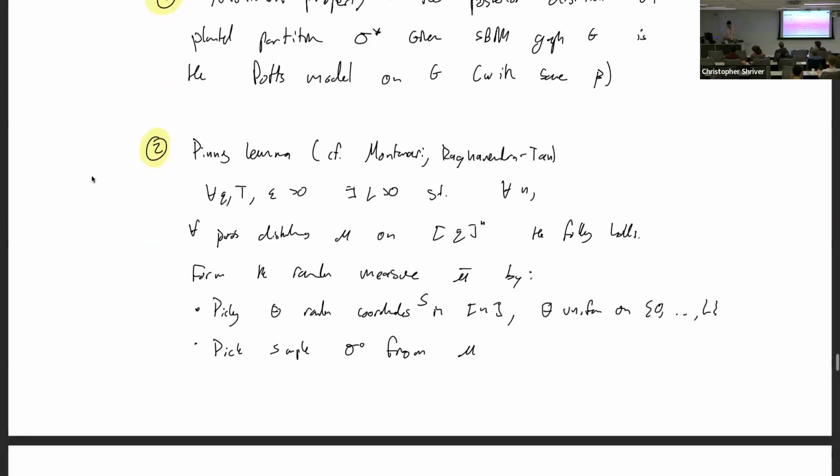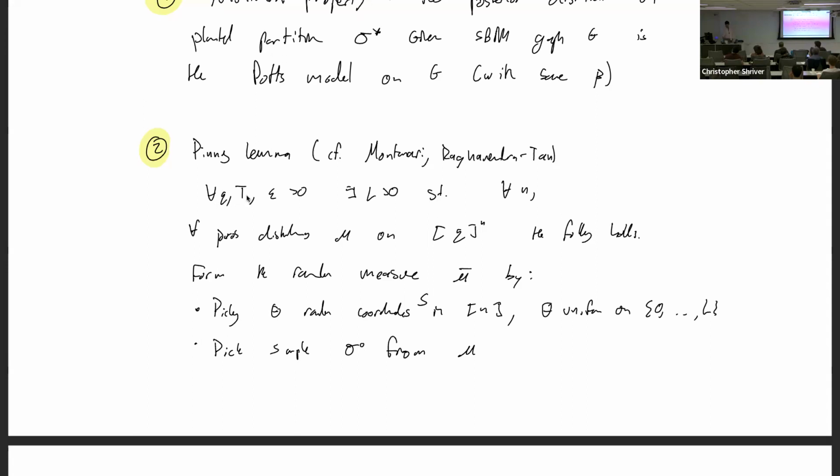Another extremely useful tool is something we call a pinning lemma. And this goes back to Montanari, Raghavendra and Tan. But actually, if you haven't seen this, this is kind of a cool fact about probability theory. So I want to fix q, which is like my number of colors.